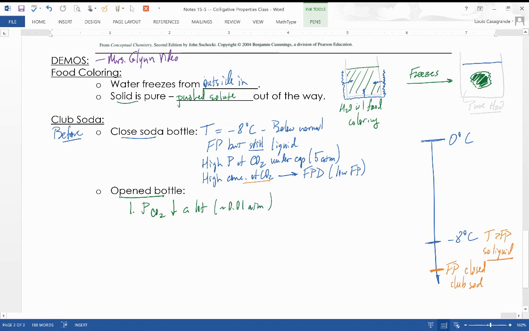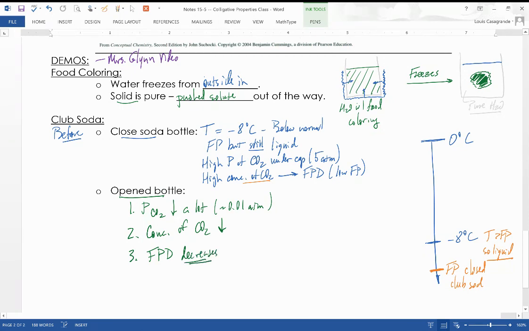So what happens when the pressure goes down is the concentration of the CO2 also goes down. What happens when the concentration of the CO2 goes down? The freezing point depression decreases.